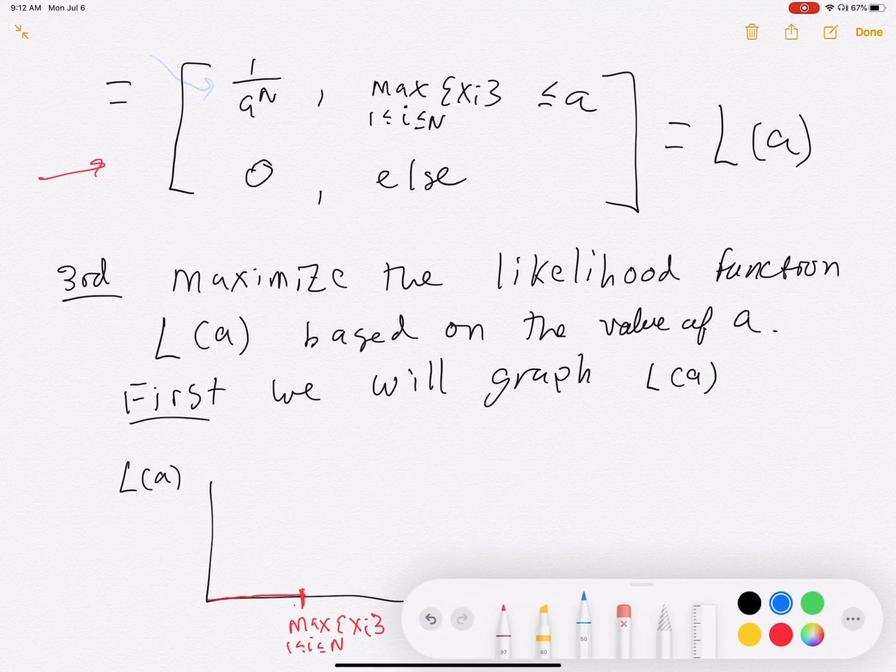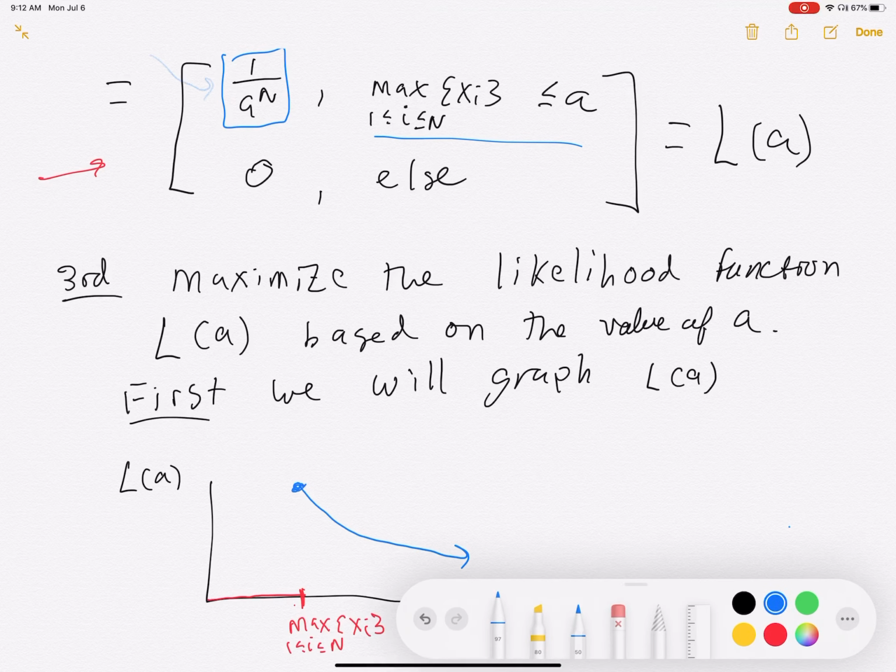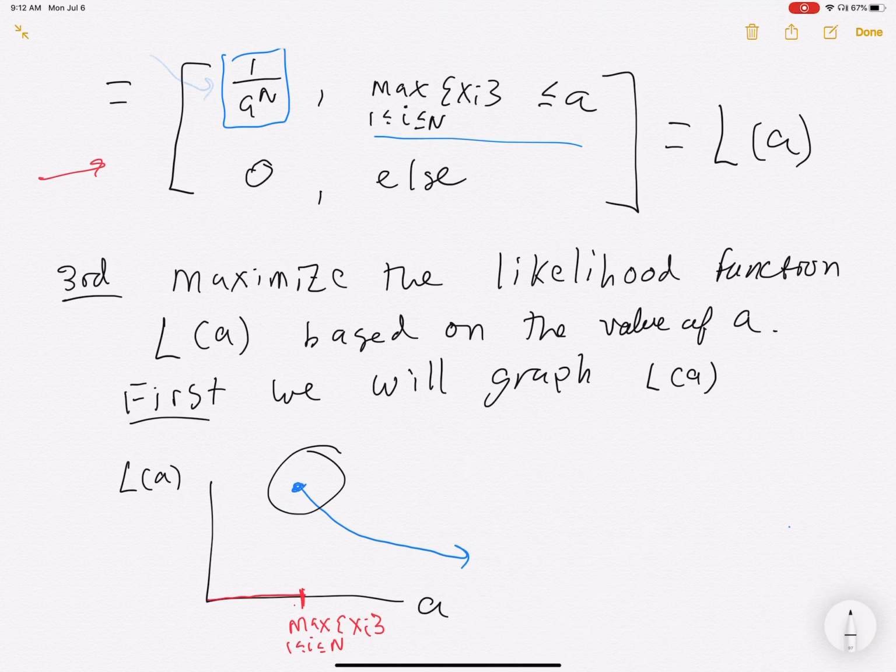So it's going to have that value, and it's going to have this value right there. Then when a gets bigger than that maximum, it starts to decrease like that, because that's the graph that we have if a is greater than the maximum. So it looks like this thing right here, that's the max value.